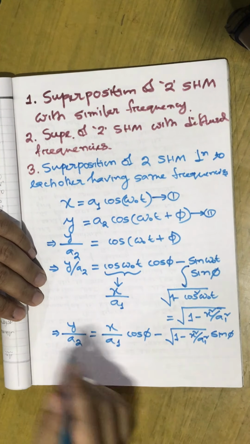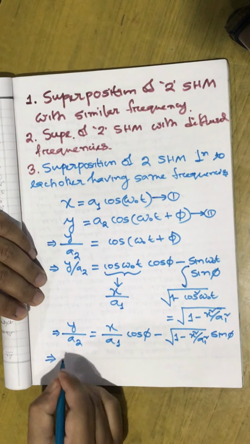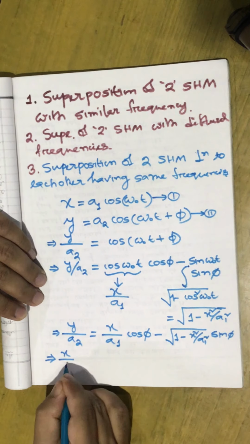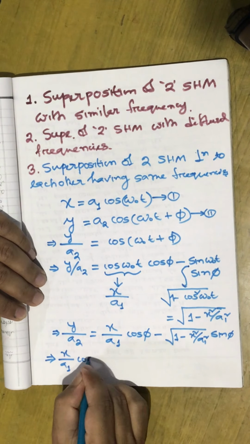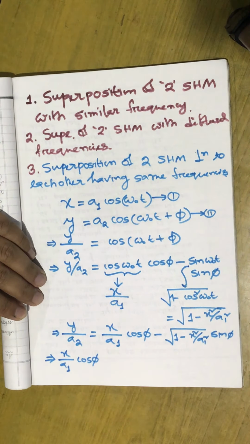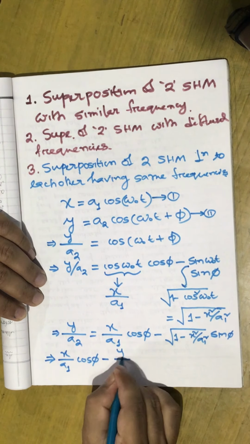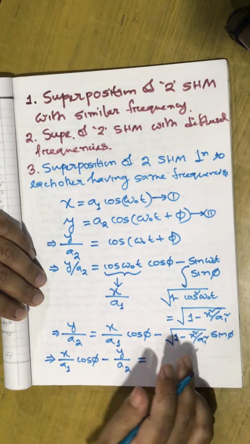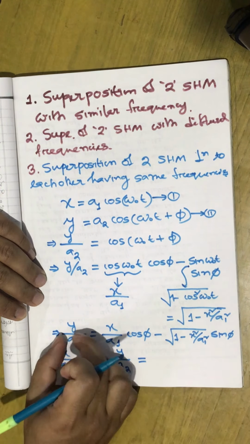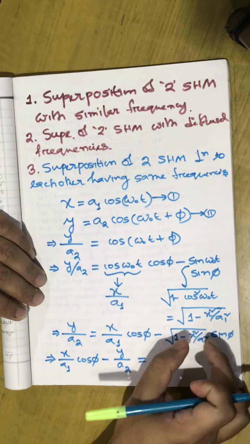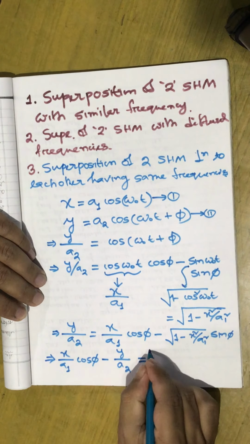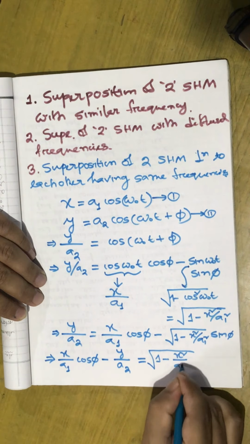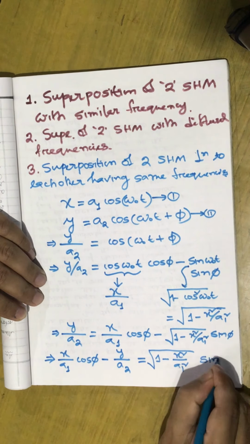I will just rearrange the terms here. We get x divided by a1 cos phi minus y divided by a2 is equal to root of 1 minus x square divided by a1 square times sin phi.